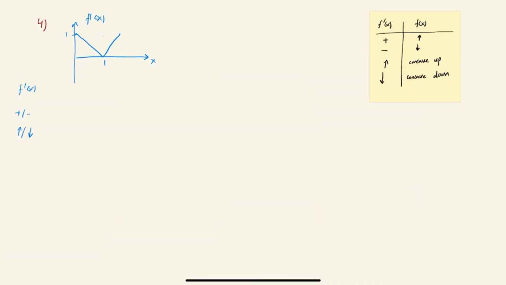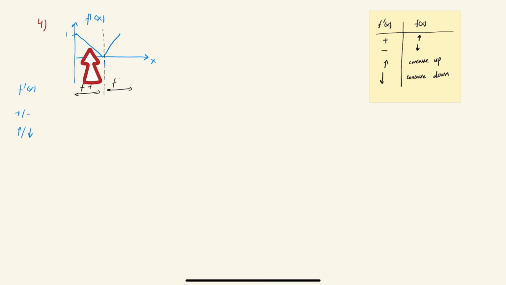For part 4, f prime of x looks like this. Remember, the first step is to check the behavior of f prime of x. Here, I'm going to split our function into left and right, that is when x is lower than 1 and then when x is higher than 1.